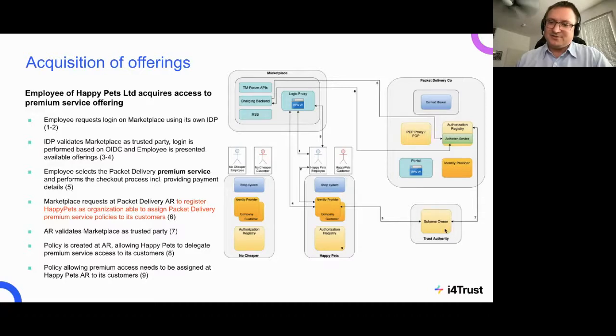In this process, the registry of the packet delivery company also checks against the trust authority whether the marketplace is a valid participant, and then using the activation service, such a policy was created to register Happy Pets as an organization, which was then able to assign, or delegate, these policies to their customers.